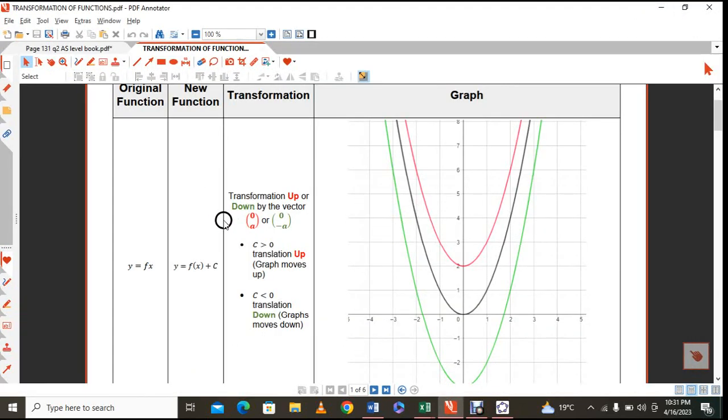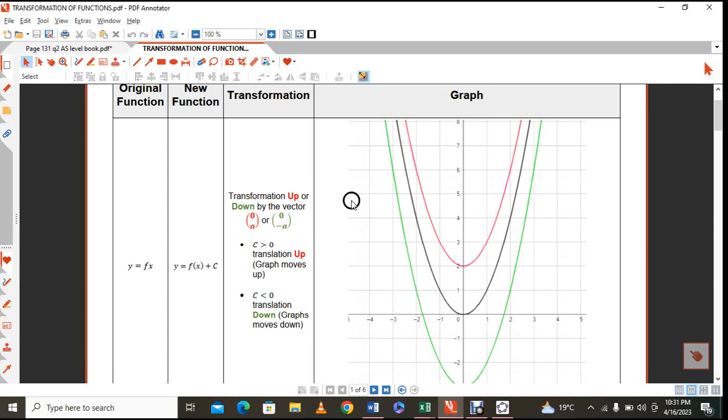Okay, so the first one is you have got a function y equals f of x, and then you are adding something or subtracting something, some number there. This is now when you have an up or down movement.